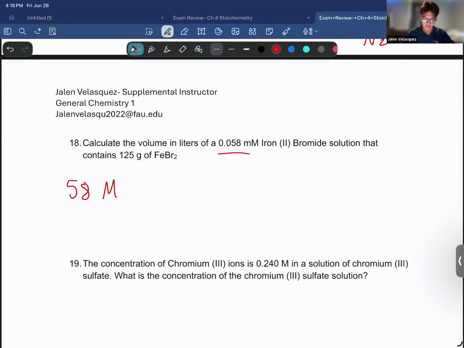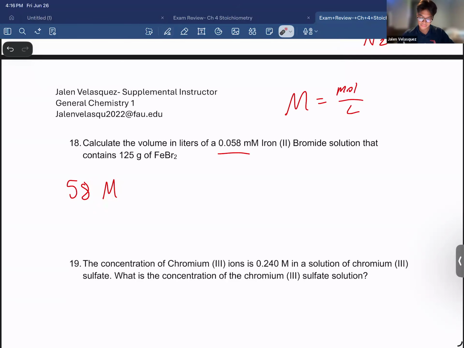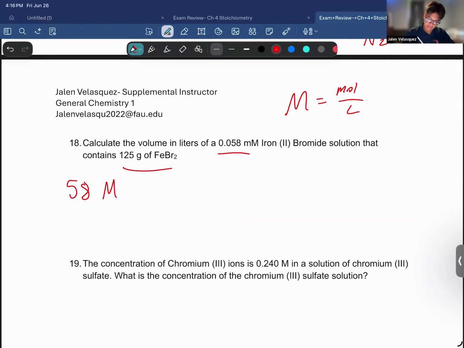And we want to find the volume of this, right? So we know it's moles over liters, right? So I have capital M. I need to figure out the moles, and then I can get the volume, right? So I'm given the mass of the solution.